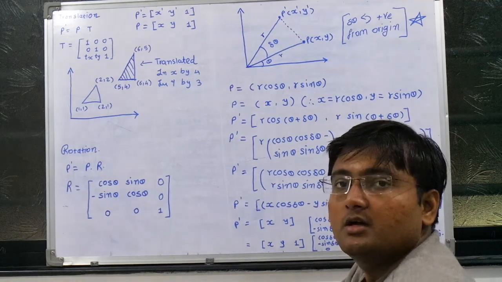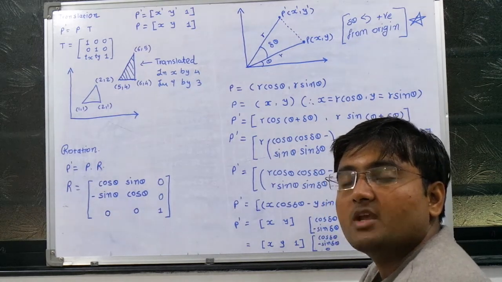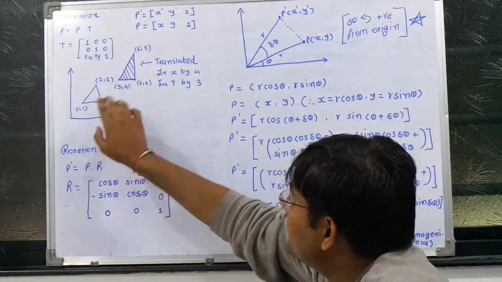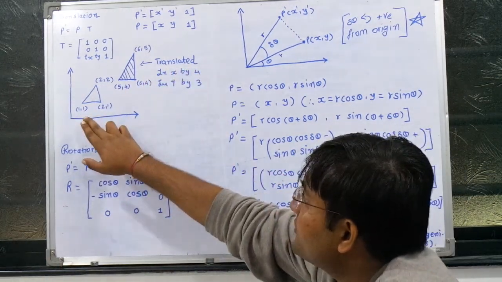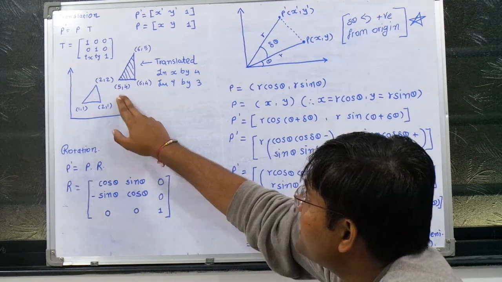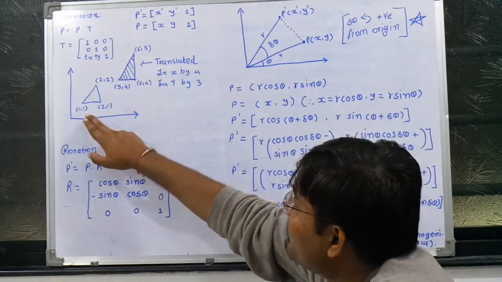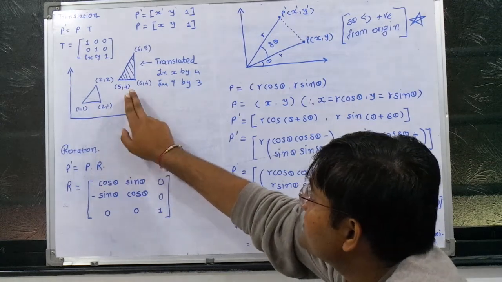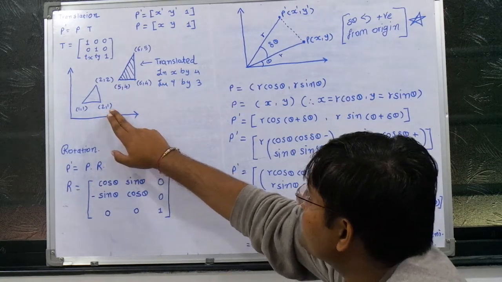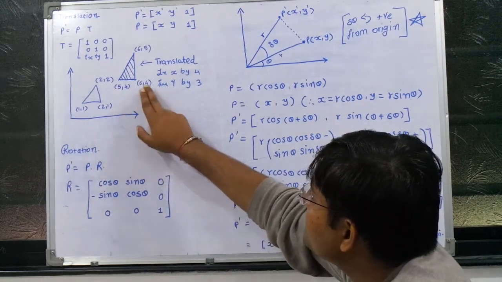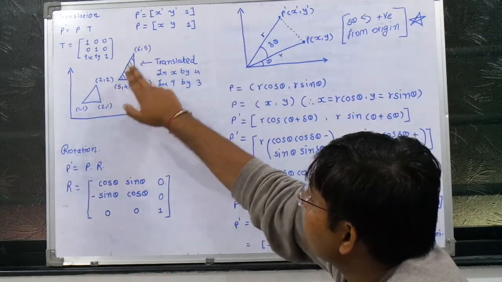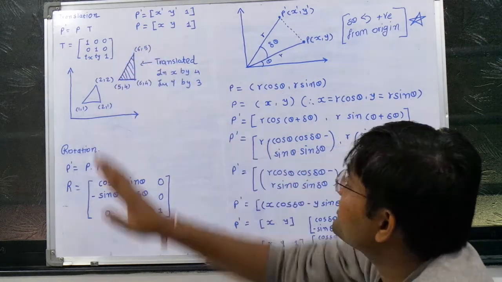Point 1 in the x direction is translated by 4 units, so 1 becomes 5, and in the y direction by 3 units, so 1 becomes 4. In the same manner, 2 plus 4 is equal to 6, 1 plus 3 is equal to 4, 2 plus 4 is equal to 6, and 2 plus 3 is equal to 5.